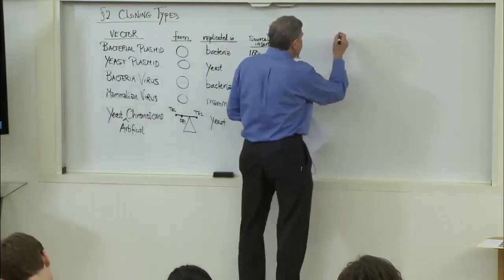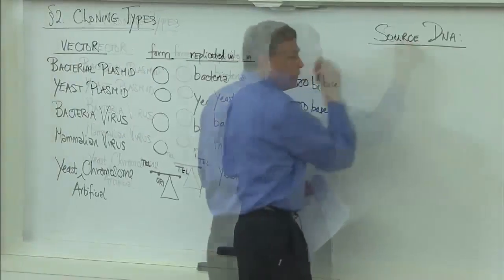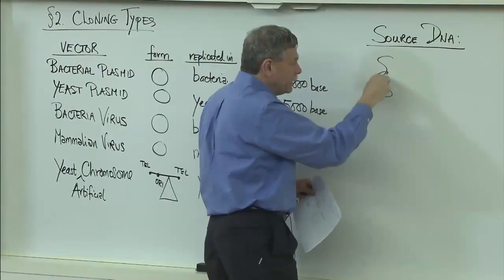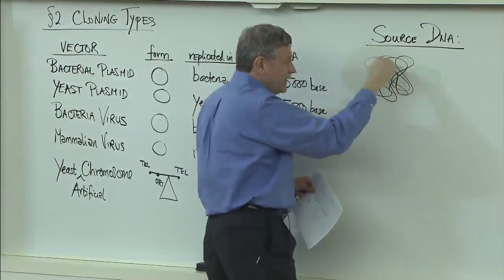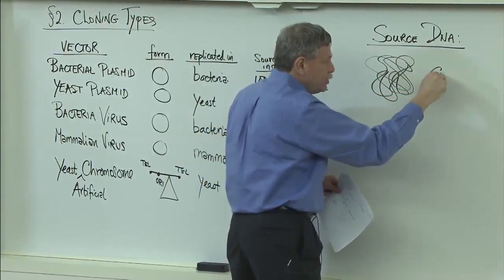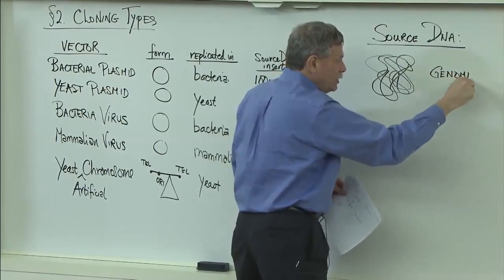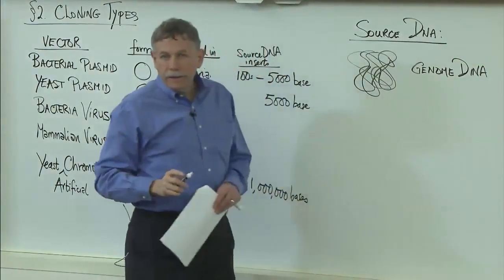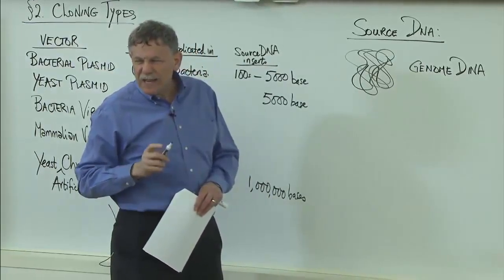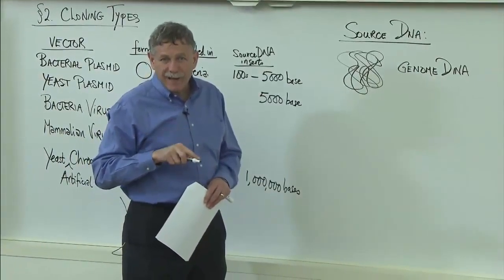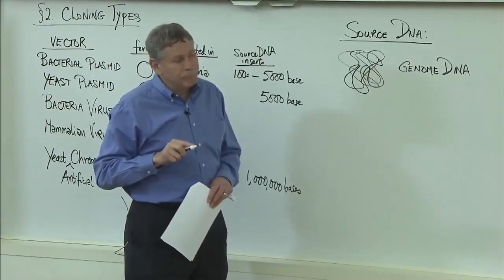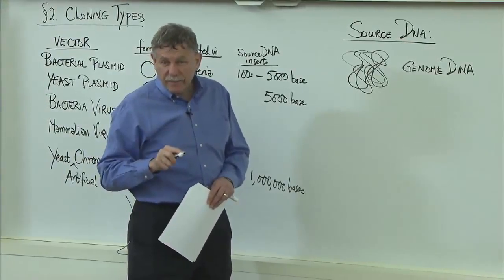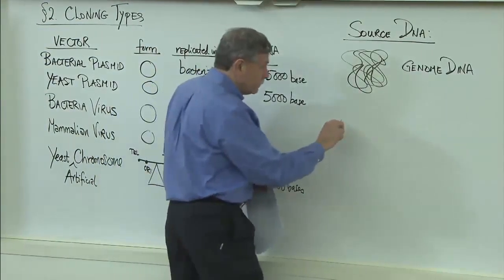Our source DNA, I've been assuming up to now, is genomic DNA. It's the genome of the organism. Suppose instead I wanted to make a library that contained the RNA that had been expressed.